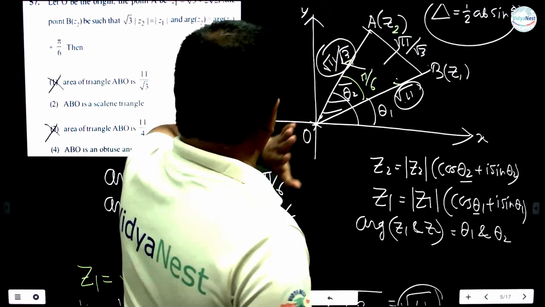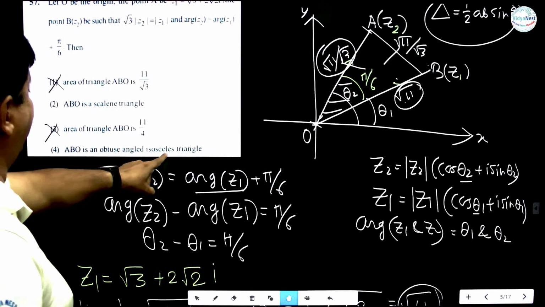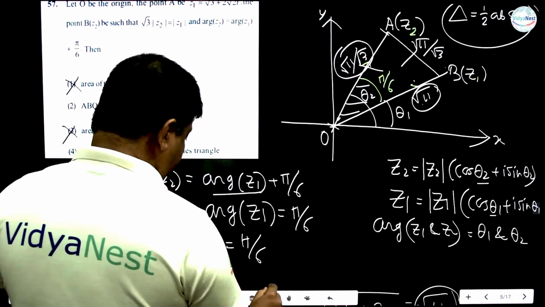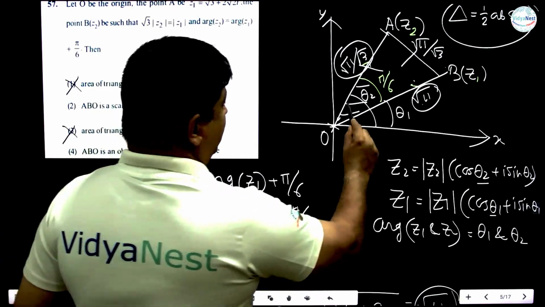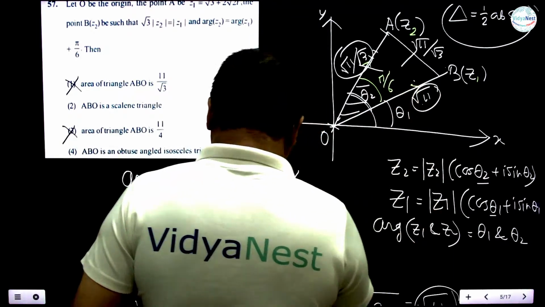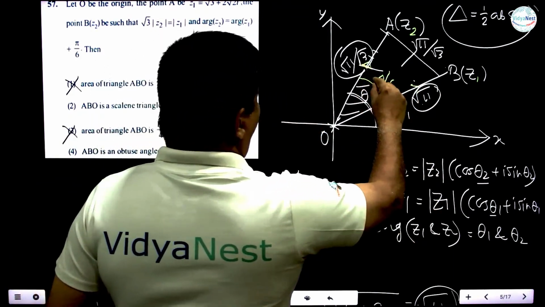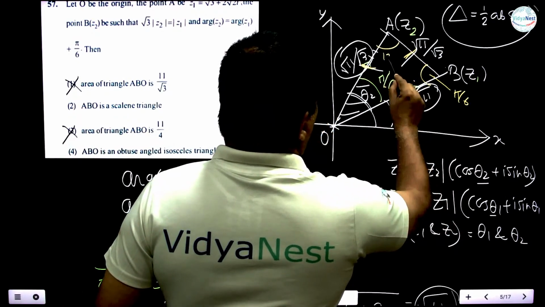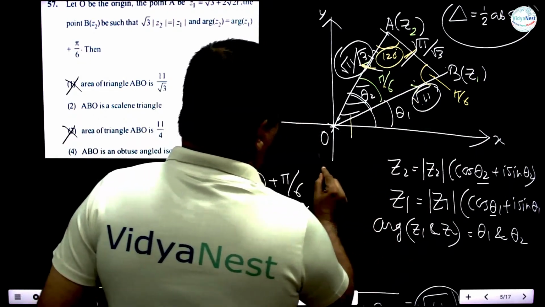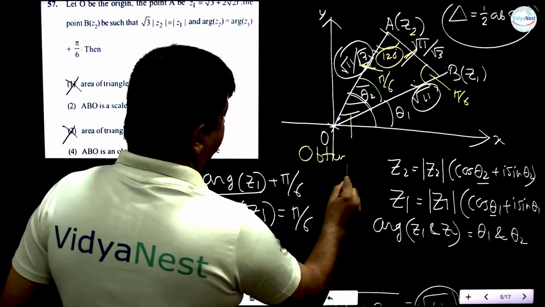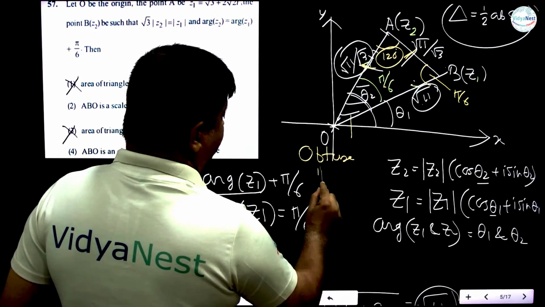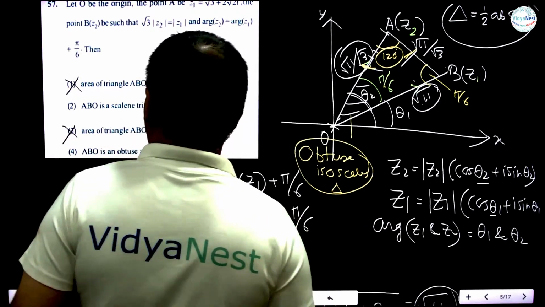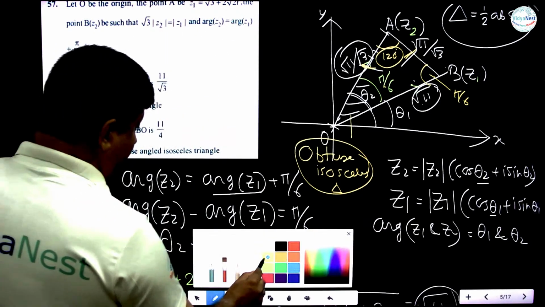Obtuse angle isosceles triangle. एकदम परफेक्ट आंसर आया, ये π/6, ये दोनों साइड इक्वल है, ये भी π/6 आएगा, 30, ये आएगा 120, ये ऑब्ट्यूज एंगल, तो इट इज एन ऑब्ट्यूज isosceles triangle. So it is matching with option D.